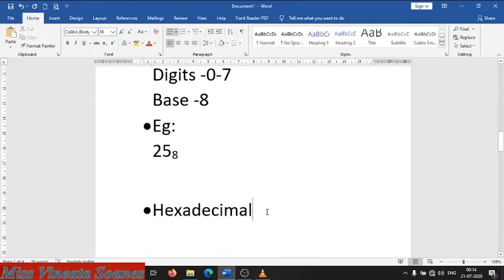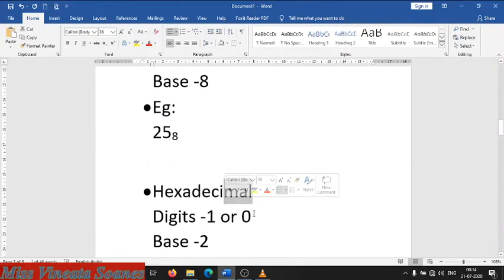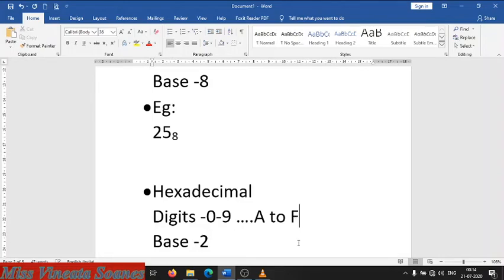And in a similar way we have hexadecimal. In hexadecimal we have 0 to 9, that makes it decimal, and then comes the alphabet from A to F. So if I take the entire thing, actually it's 0 to 15, right?